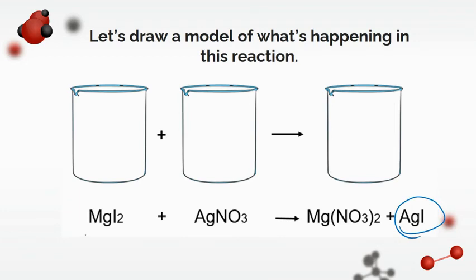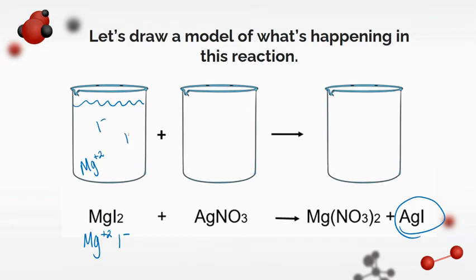So if you look, we have magnesium, which has a +2 charge, and iodide, which has a -1 charge. So if we had a beaker of water, which you can draw the line if you want, we would have magnesium ions floating around. And what the subscripts tell us is the ratio. So we have 1 magnesium for every 2 iodines.